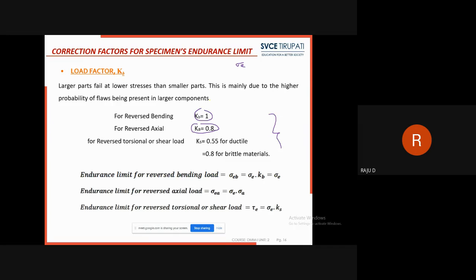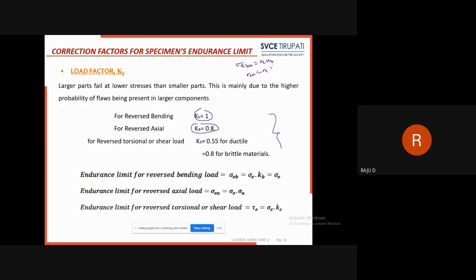If it is reversal bending, sigma EB is equal to sigma E into Kb. That is in case of bending load condition, reversal bending load. If it is reversal axial load condition, sigma EA is equal to sigma E into Ka.